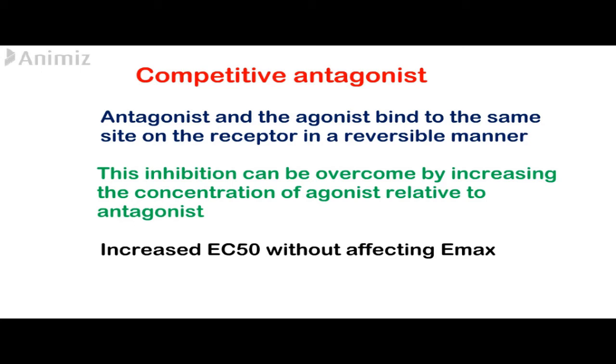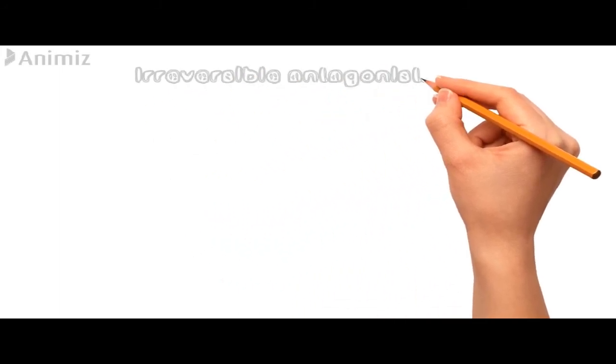But this inhibition can be overcome by increasing the concentration of the agonist relative to the antagonist. This can shift the agonist dose response curve to the right, so the EC50 will be increased without affecting the Emax.